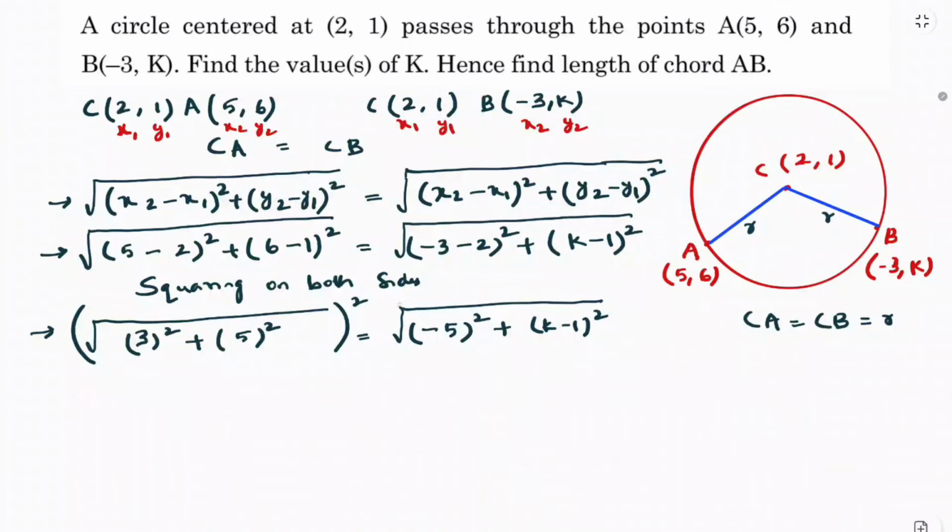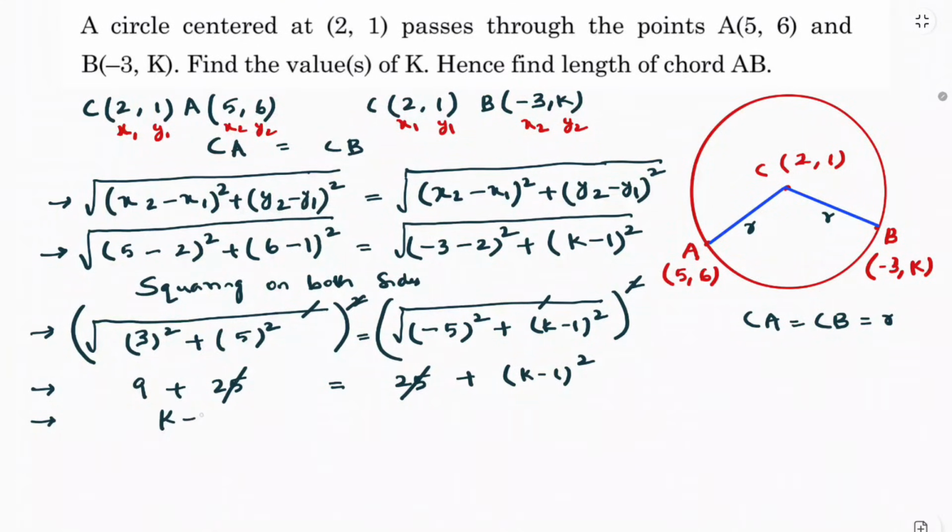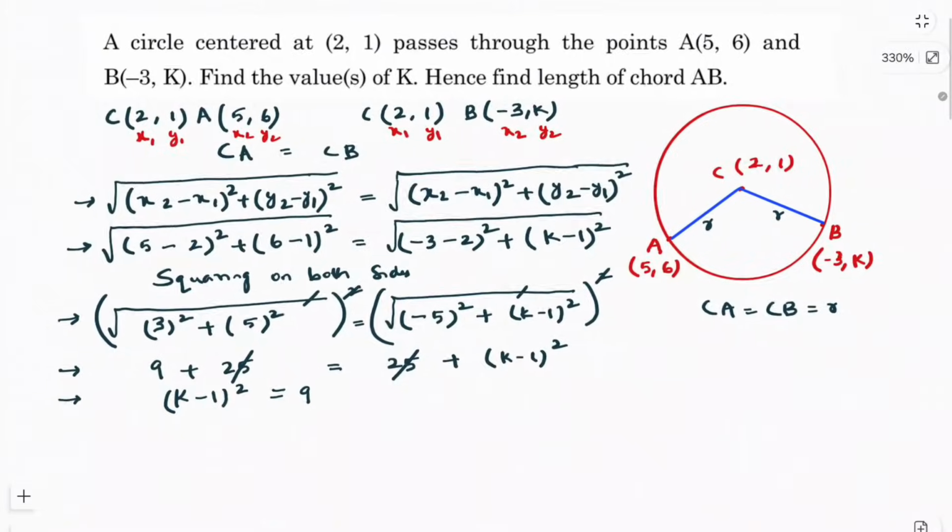As I square on both sides, squares and roots get cancelled. So I'm left with 3 square is 9, 5 square is 25, equals minus 5 whole square, minus into minus plus, 25, plus (k minus 1) whole square. So here 25 and 25 will get cancelled. So I'll be left with (k minus 1) whole square equals 9.